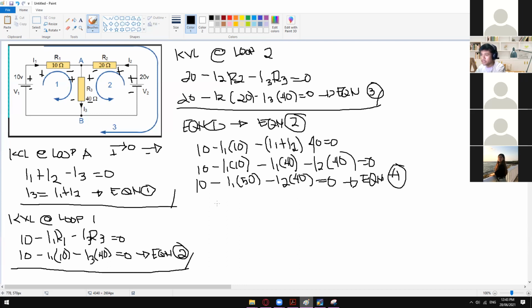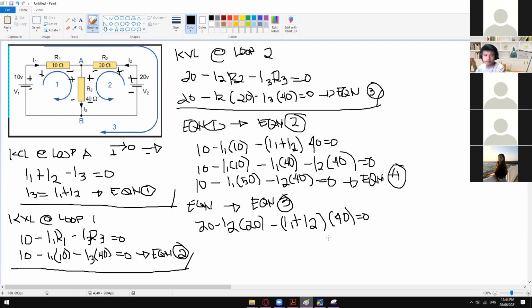Do the same thing on equation number 3, so equation number 1 going into equation number 3. We have 20 minus I2 times 20 minus, since I3 is I1 plus I2, minus (I1 plus I2) times 40 is equal to 0.